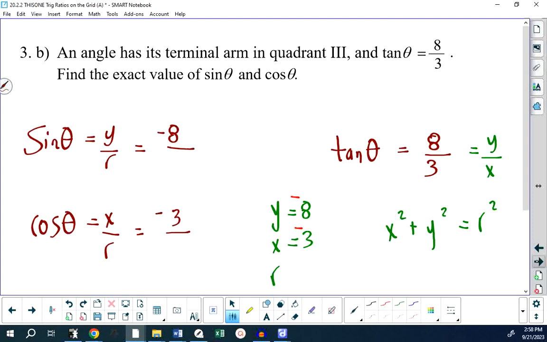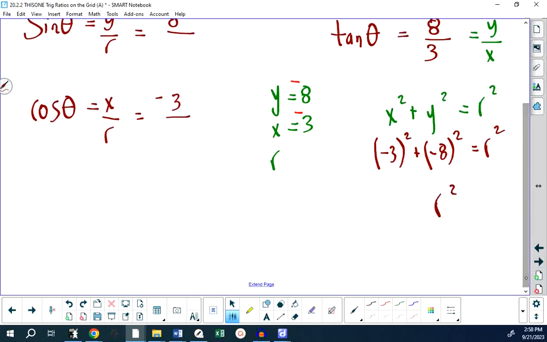To find r, it's a very simple matter. I'm going to put in the negatives, although I wouldn't personally put them in if I used the Pythagorean theorem. I believe that's 73. Yes? So that means that r squared equals 73.